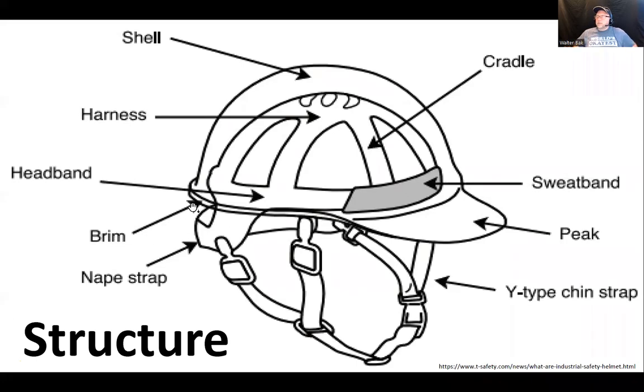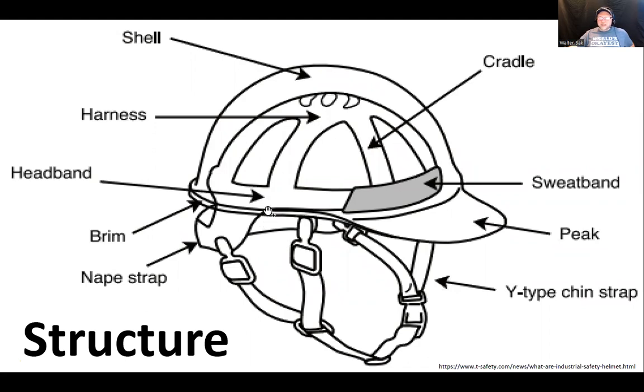If people work in an environment where water comes from the top, like leaks from the ceiling or rain outside, the brim is bent a little upwards to serve as a water spout, so the water doesn't run onto your cheeks.